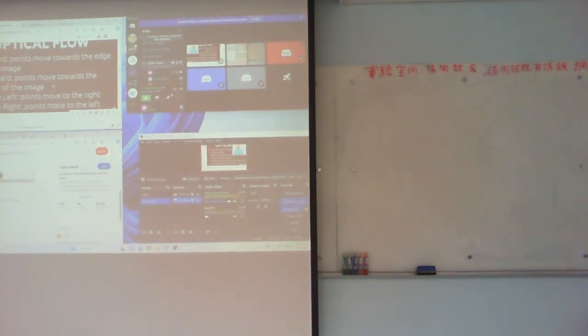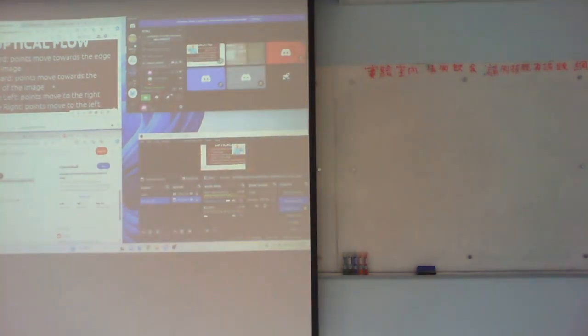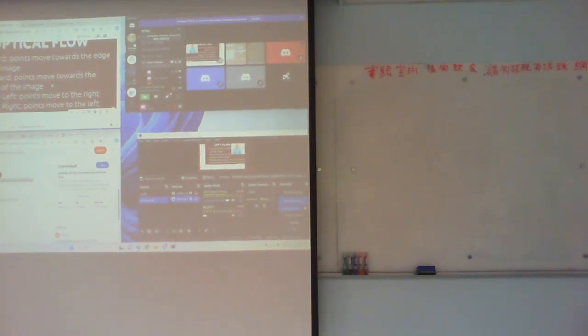When we move backwards, the points move towards the center of the image, which is not really the center of the image, it's sort of the optical axis of your camera, the direction that your camera is pointing in. If we rotate left, then all the points move to the right. If we rotate right, all the points move to the left.